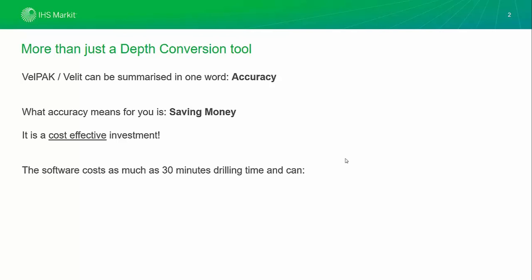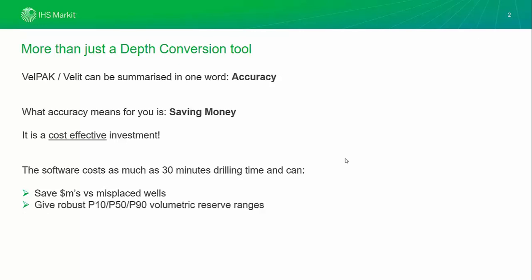The software costs about as much as about 30 minutes drilling time. And here we can actually save millions versus misplaced wells, which is potentially the cheapest saving. We can provide robust P10, P50, P90 volumetric range calculations for your prospects, and this is how whole companies are valued, so this can be very significant.